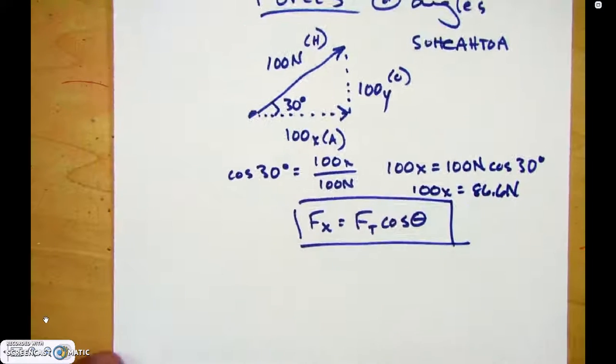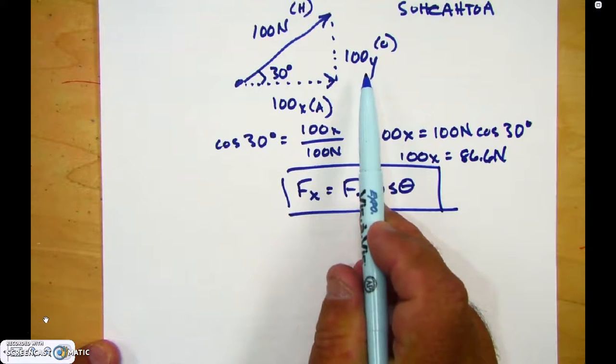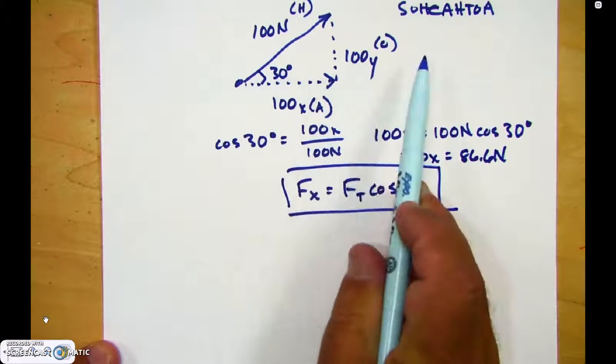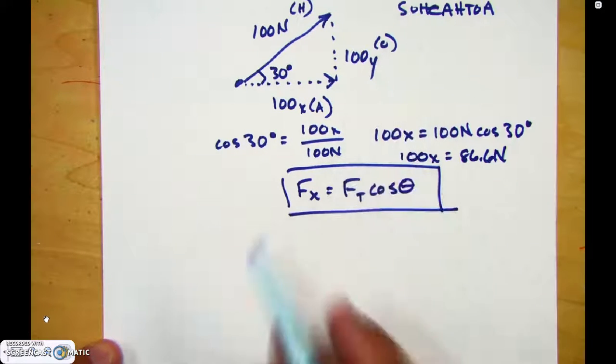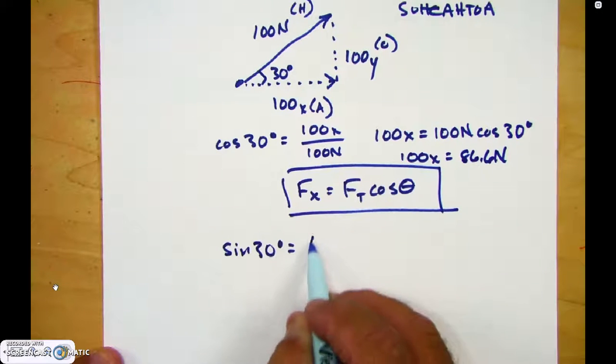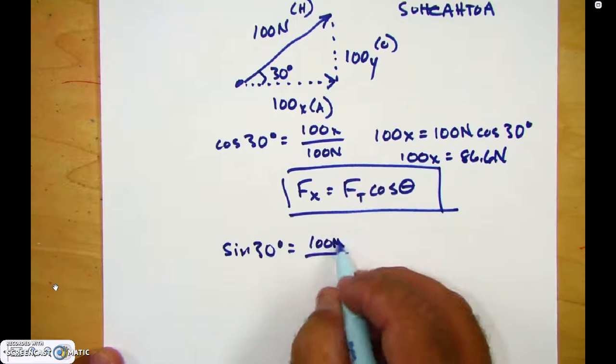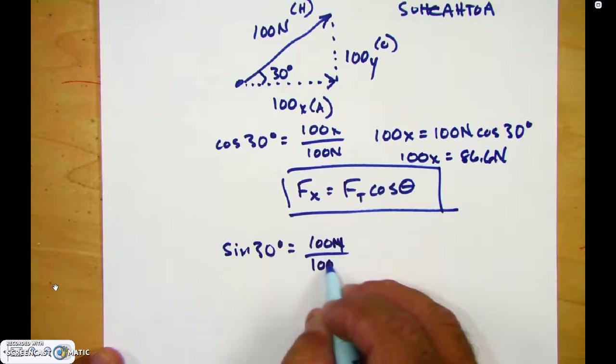Now, if I want to look at the y side, it is opposite. I know the hypotenuse, I know the angle, so therefore I'm going to be led to sine, and I'm going to say the sine of 30 degrees is equal to 100y over 100 newtons.